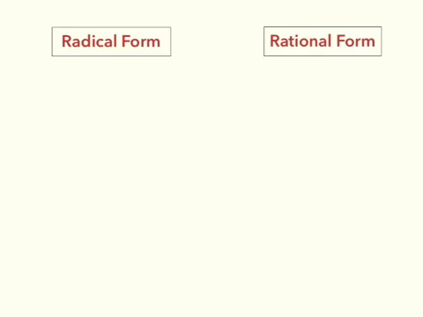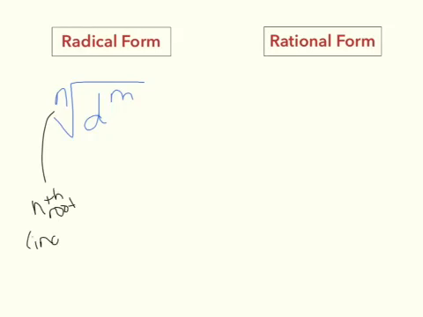So let's talk about the two forms that they were in. At first, before we changed them, they were in a radical form with the nth root. And this n, like we said, is the nth root, or the index. And then right here, that number or the letter, whatever it is, the variable, is called the radicand.